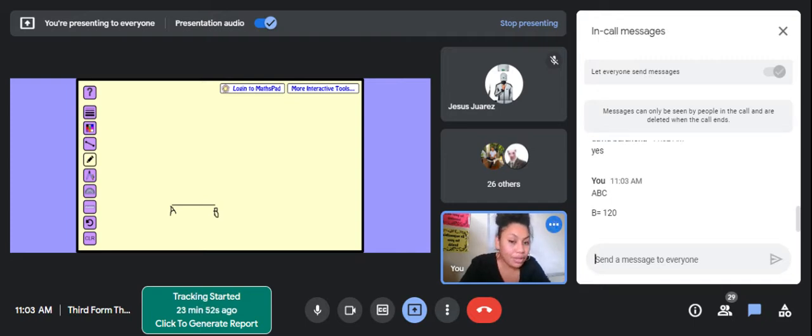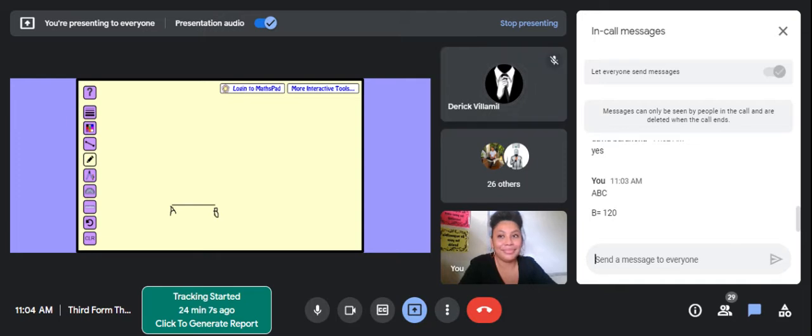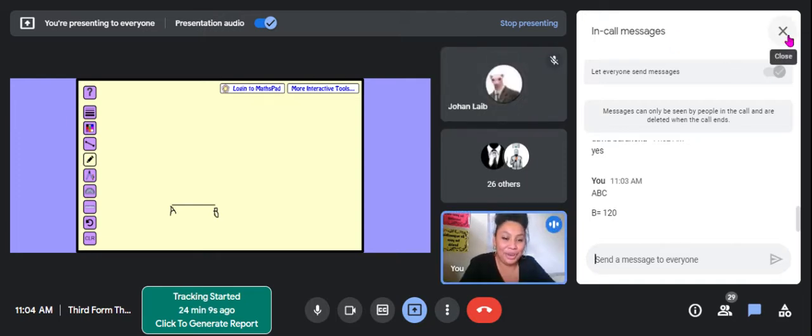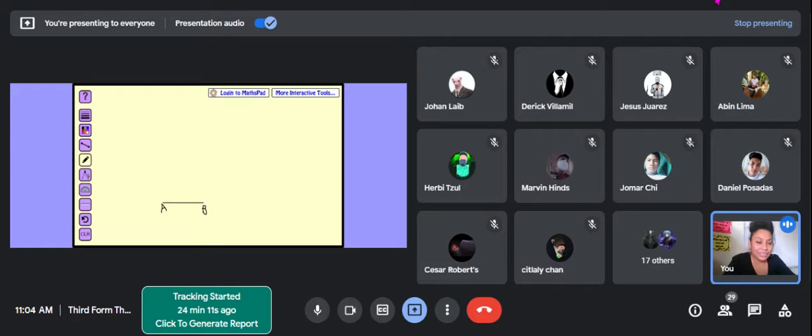Right? So 120 degrees, what kind of angle is that? Acute, right, obtuse? Obtuse, miss. Very good.